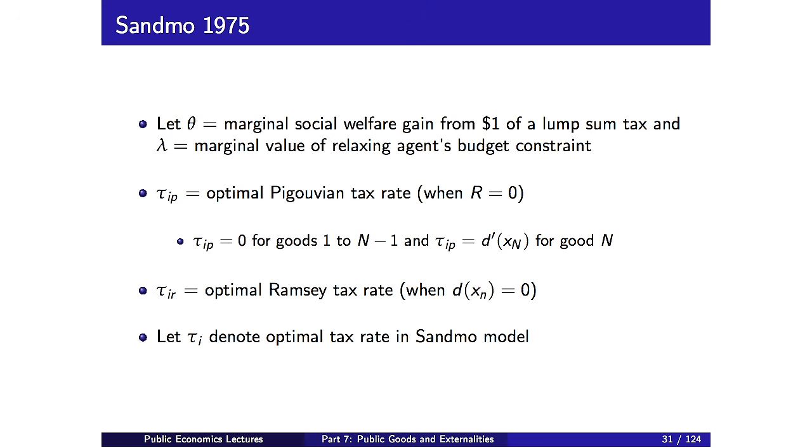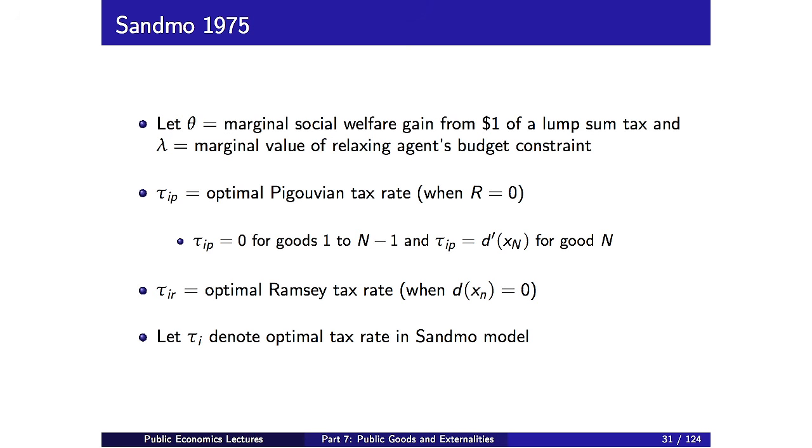Let tau_i^P denote the optimal Pigouvian tax rate, meaning the solution to this problem when R equals 0. And so we know tau_i^P equals 0 for goods 1 to n minus 1, no externality on those, and tau_n^P equals d prime of x_n for good n, the marginal damage from consuming good n. Let tau_i^R be the optimal tax rate, the solution to that problem when d of x_n equals 0.